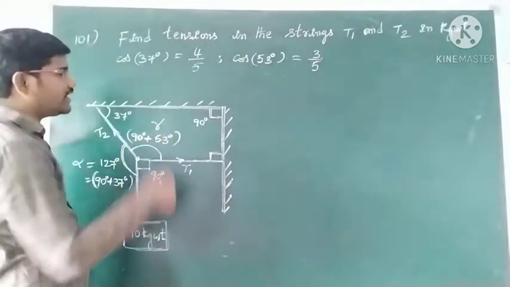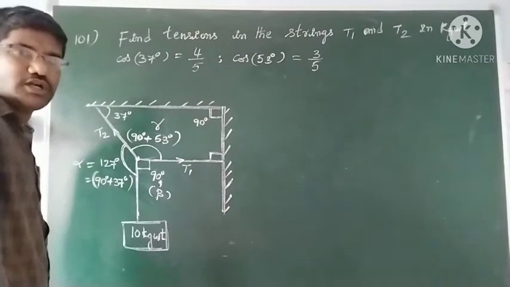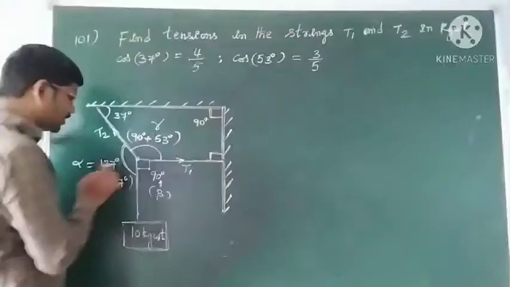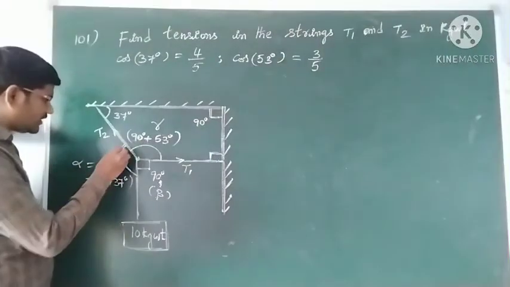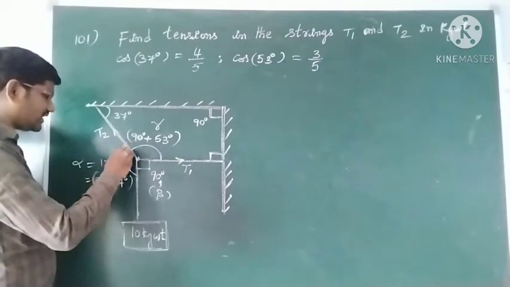So find T1 and T2. By Lami's theorem, each force is proportional to the sine of the angle between the other two forces. So T1 is directly proportional to these two.